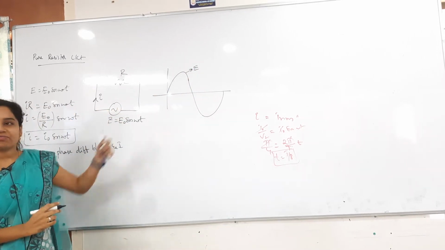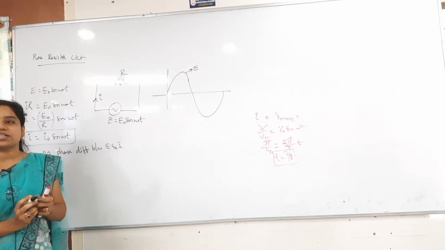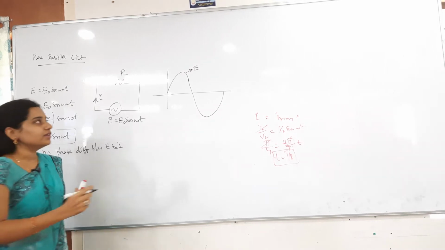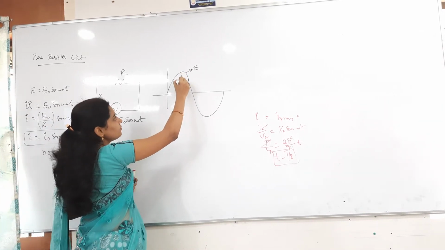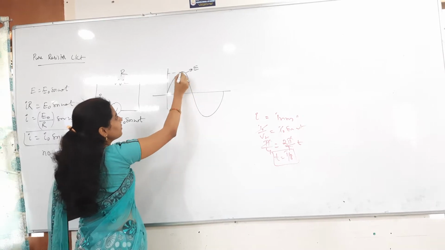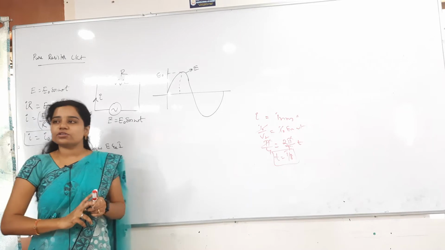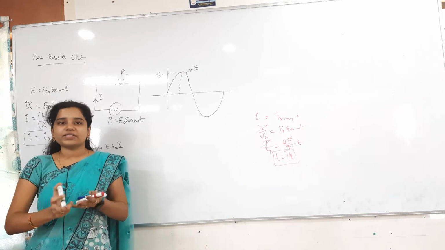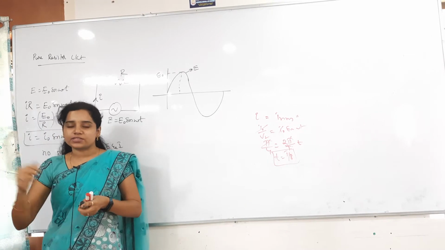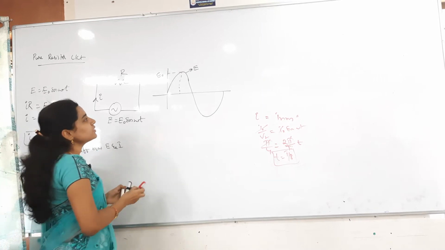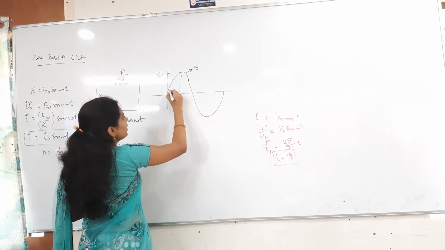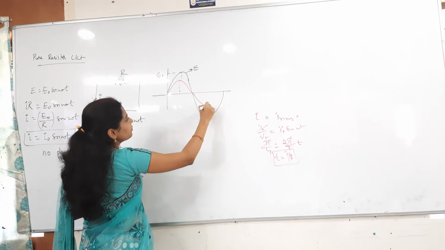We got the EMF E here. E is equal to what I said? E naught sin omega t. So what is this value here? E naught. Very good. The maximum value, that is E naught, we will take. Now we are getting the current also in that only, right? In the same phase or opposite phase? Same phase, so current also starts from that only, and the current will obviously have less value as compared to the voltage. Why?